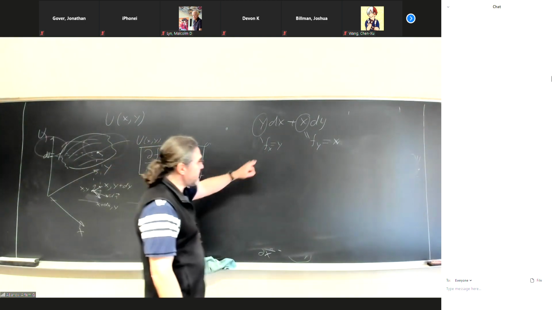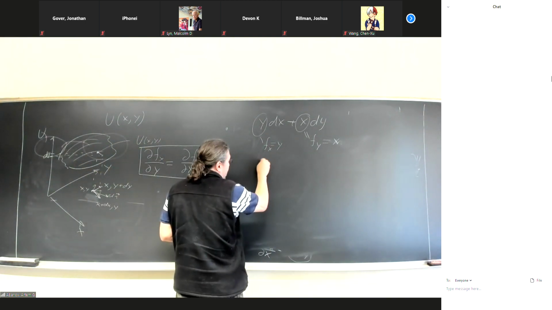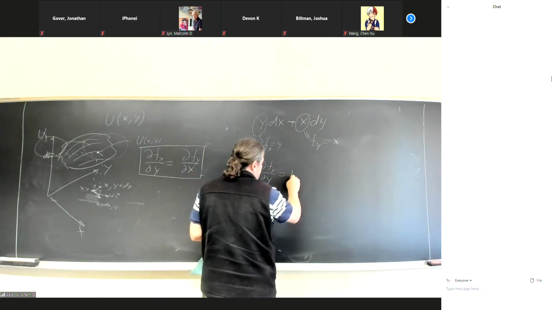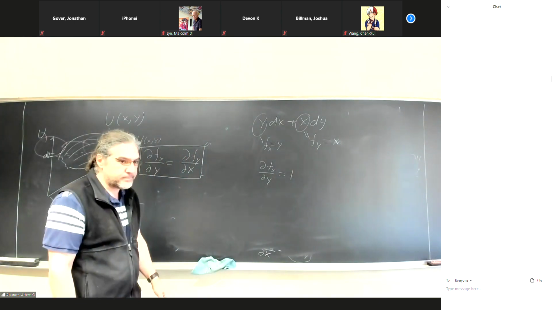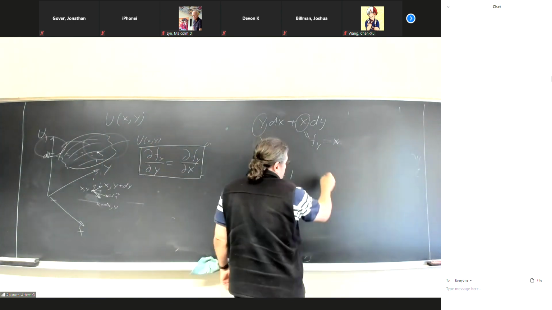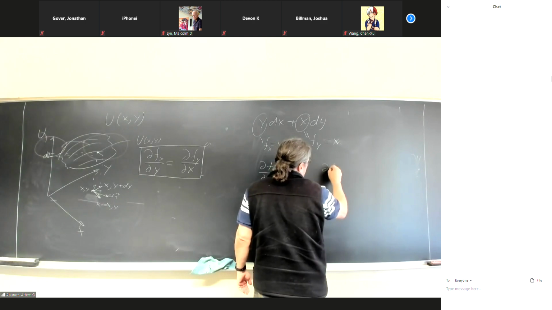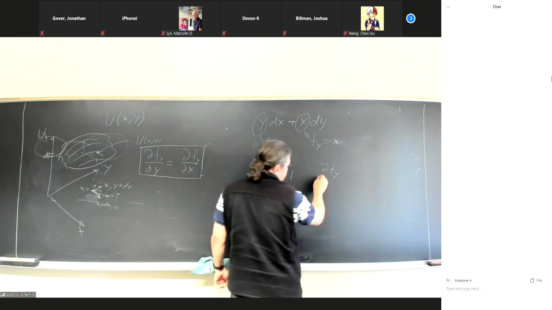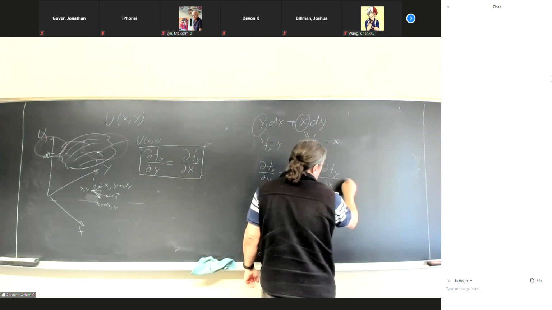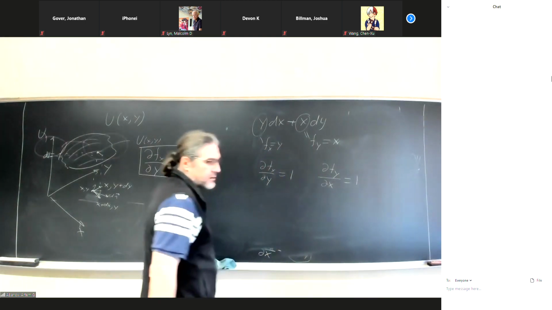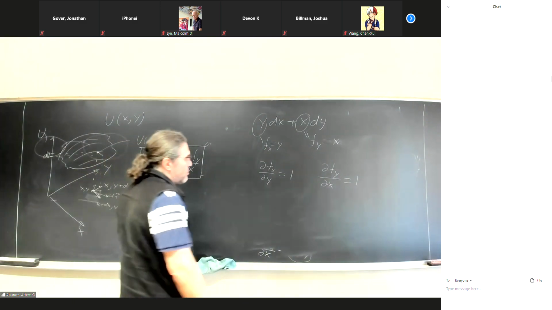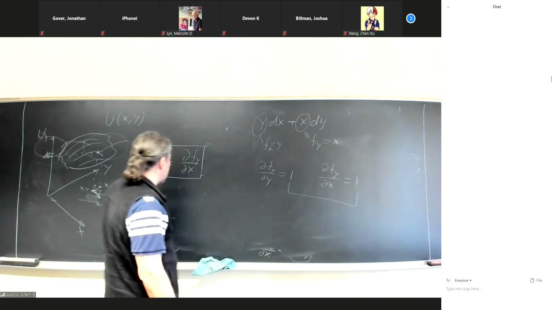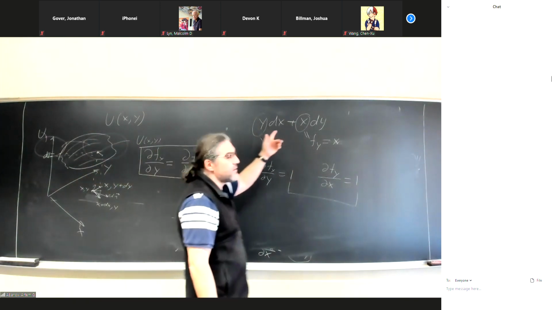So we need to take fx and differentiate it with respect to y. dfx over dy equals 1. Now we take fy and, according to our rule, differentiate it with respect to x, and it equals 1. So we see that they are equal to each other. So this condition is satisfied. So this is a differential of some function.